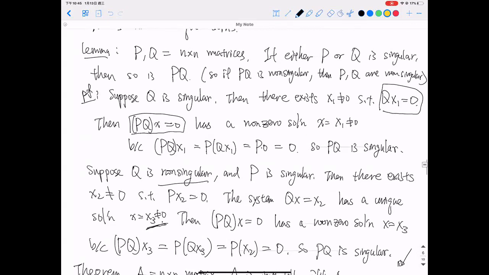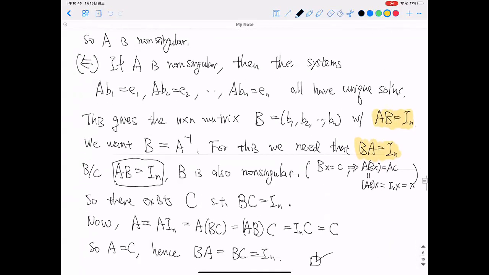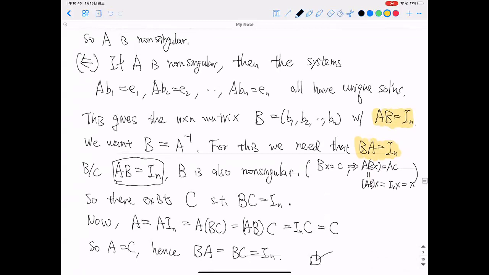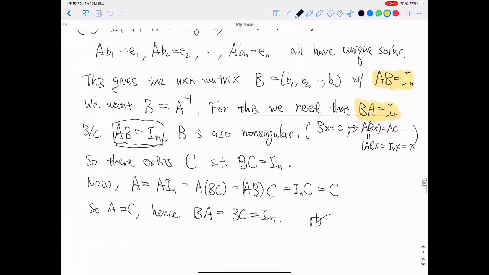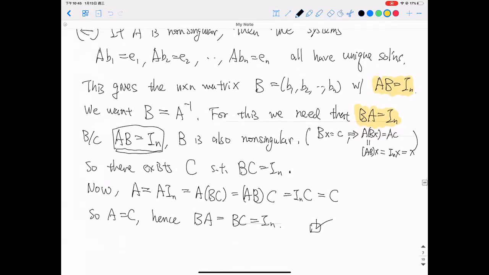And that's where we use this lemma. Because we have AB here, the product is the identity, which is non-singular. Both A and B must be non-singular. We could either use the lemma for this statement, or we could just check it. Okay, that's the end of this lecture.